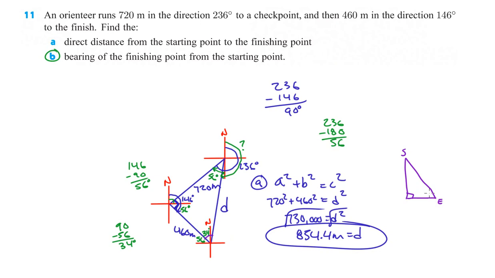We can figure out this angle because we know that this is 720 and this is 460. Those were both given to us. We could also use the 854.4, but that's a rounded number, so I'd suggest using these two. That side is the opposite and that side is the adjacent, so we want to use tan theta equals 720 over 410.